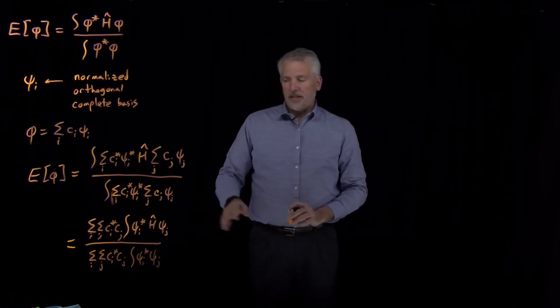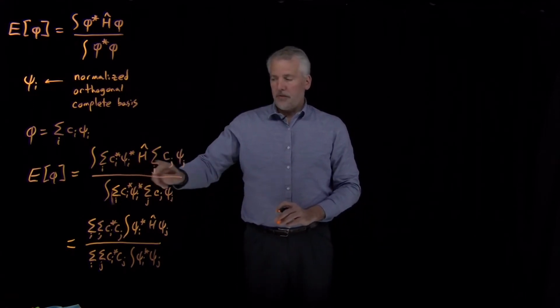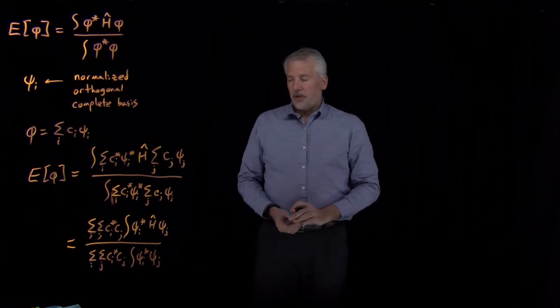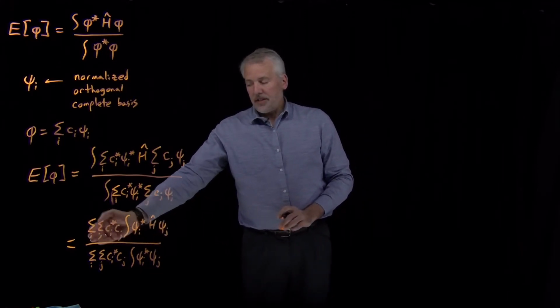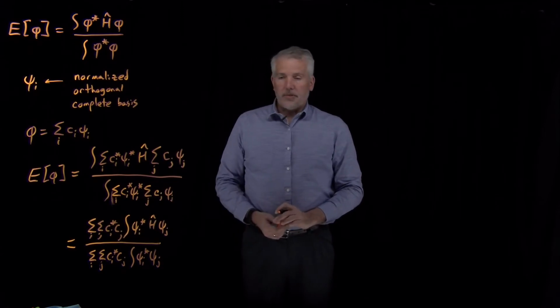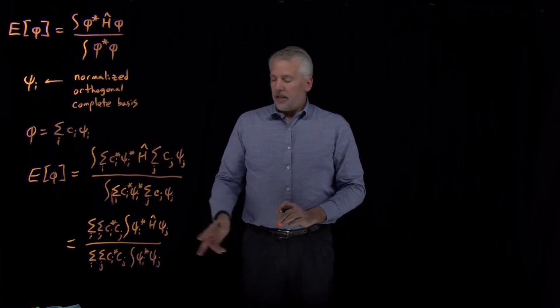So all I've done in that step is rearrange the order of the sums and integrals, making sure to keep variables inside the integral and the i's and j's inside to the right of the sums in which they take place.